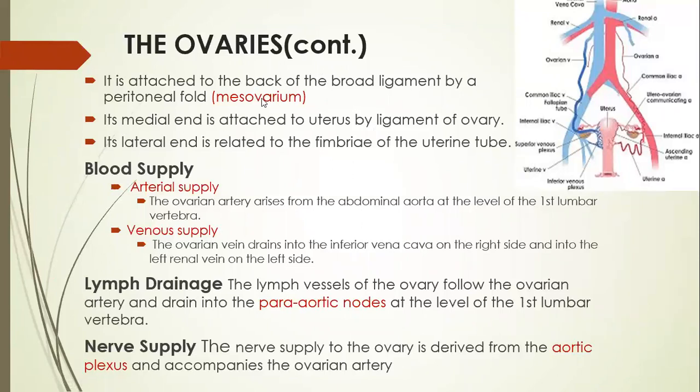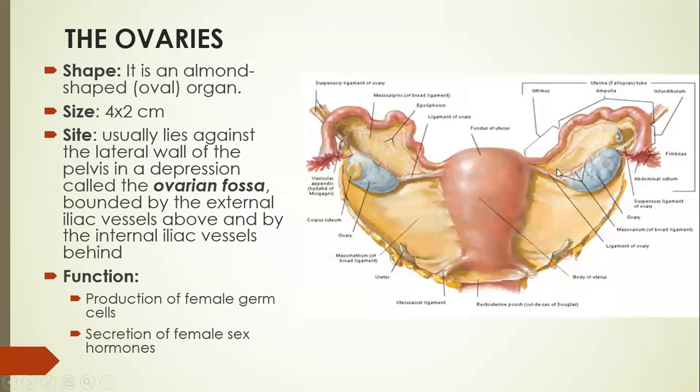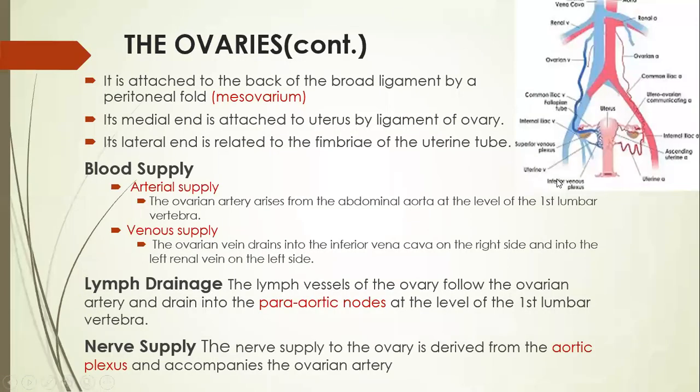Its medial end is attached to the uterus by a ligament of ovary. If you see here, there is a ligament behind. So here there is a ligament called the ligament of ovary on the medial side. It is held in its position, attached to the uterus by the ligament of ovary, and its lateral end is attached to fimbria of the uterine tubes.